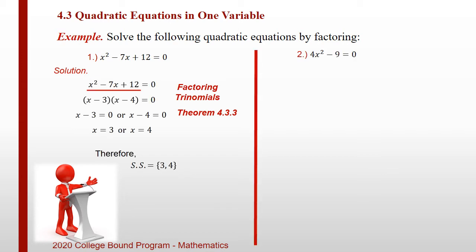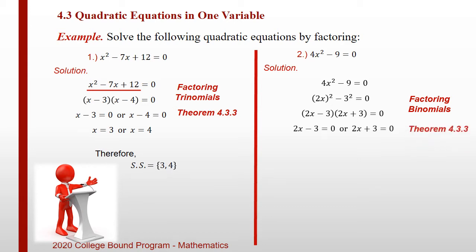Another example, consider 4x squared minus 9 equals 0. Note that this equation can be written as (2x) squared minus 3 squared equals 0. By difference of two squares, we have (2x minus 3) times (2x plus 3) equals 0.